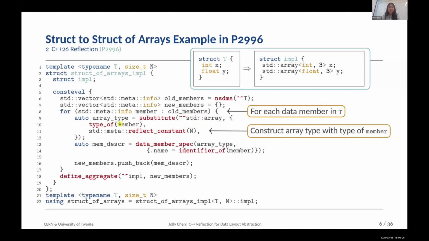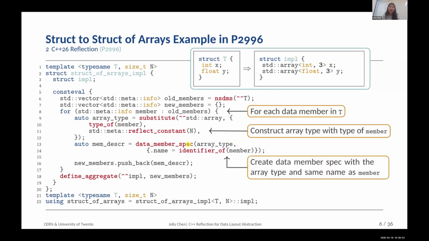And all the parameters need to be reflection parameters, so they need to be of type std meta info. So we are calling reflect constant to take this n, which is a size t, as a reflection of the n. And so this gives us the reflection of the type std array int or the type std array float.